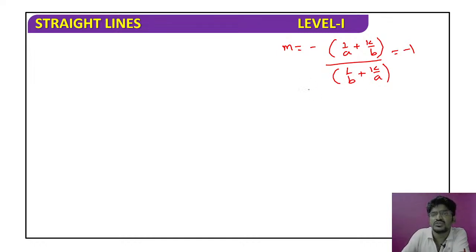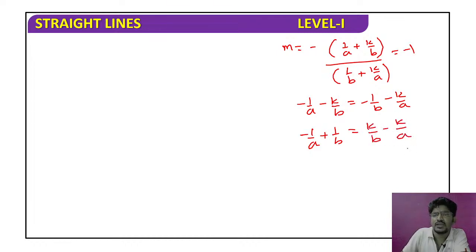How to simplify? You just see, this is minus 1 by a minus k by b, and you multiply this term to minus 1, that will be equal to minus 1 by b minus k by a. Now you can write this as minus 1 by a plus 1 by b equal to k by b minus k by a.